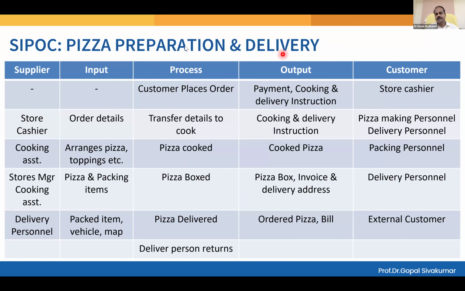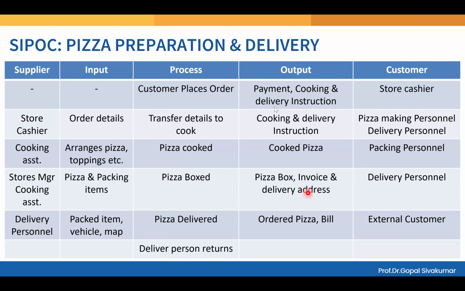And that is what you are seeing here in the form of a SIPOC. What is the first step here? Customer places an order. When the customer places the order, what will be the output? The store receives payment and the store also receives the cooking instruction and delivery instruction. Am I correct?